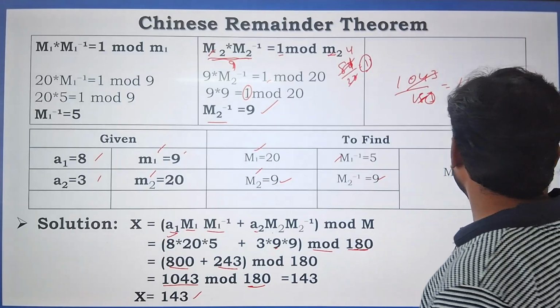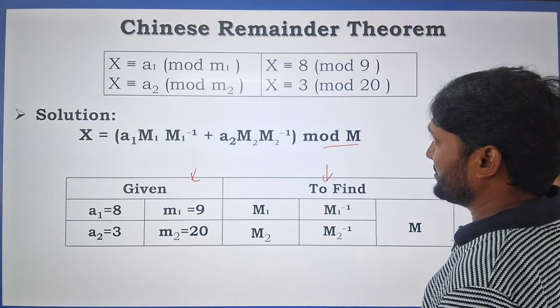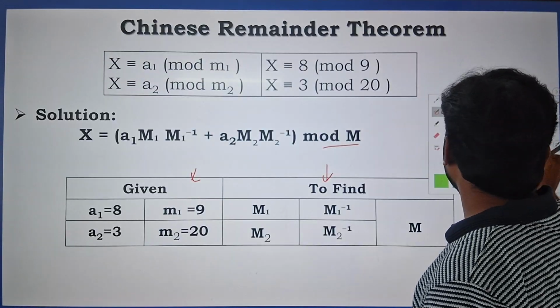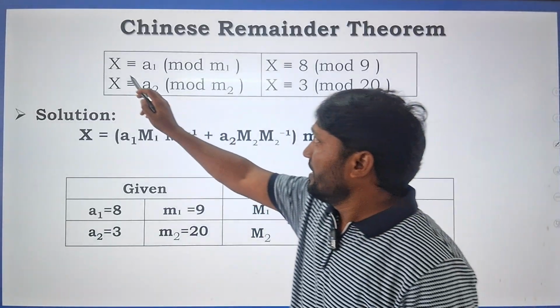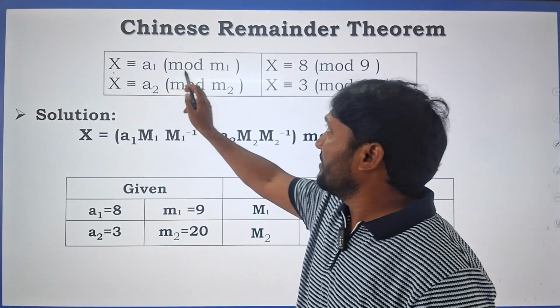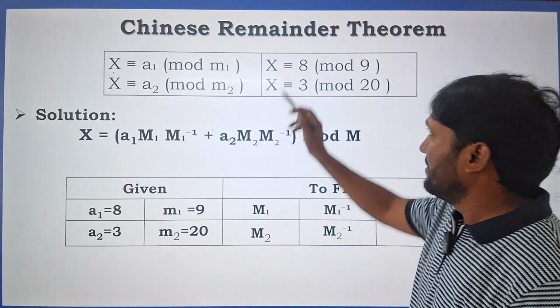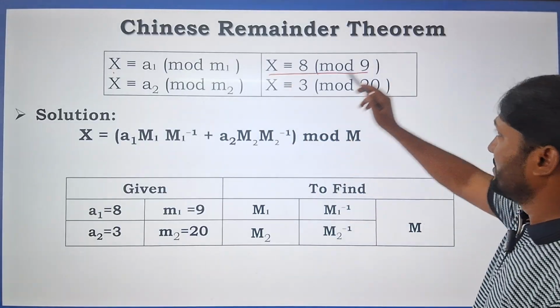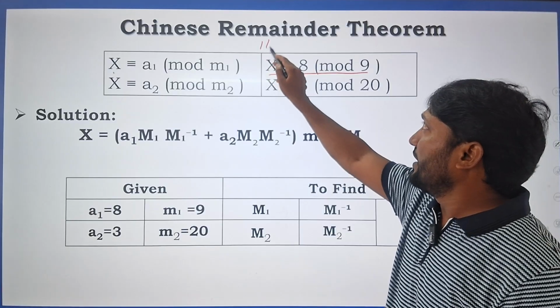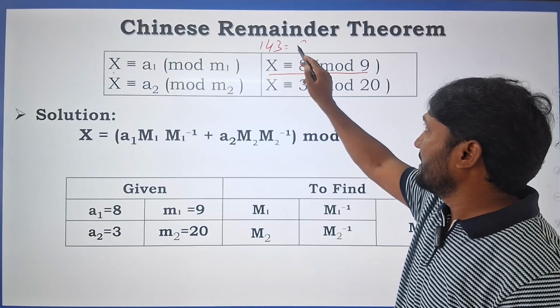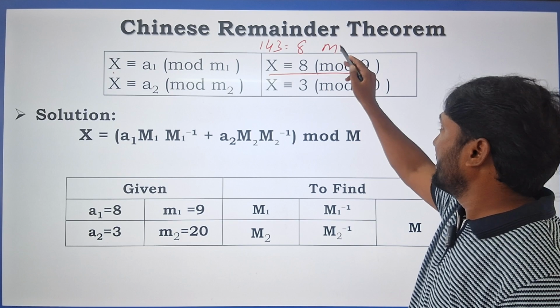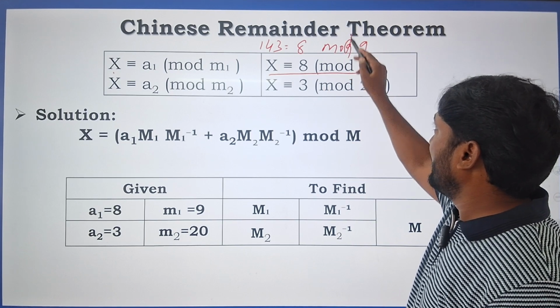Now finally, if you want to check whether this x value is right or wrong, we need to substitute this value in the given equations. What is the given equation here? x is congruent to a1 mod m1. That is the given value, right? So now substitute the x value: 143 congruent to 8 mod 9.